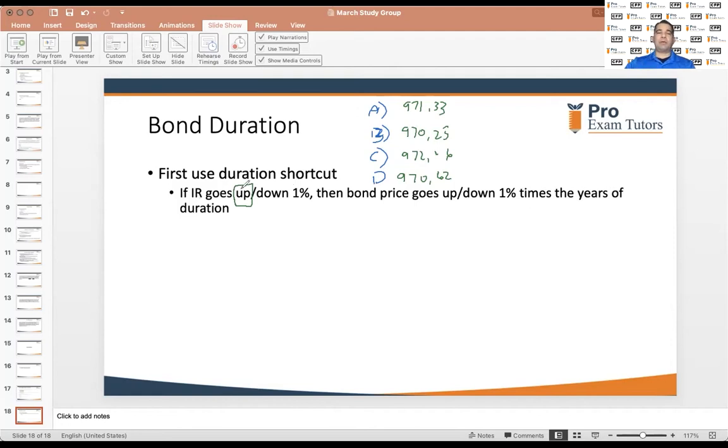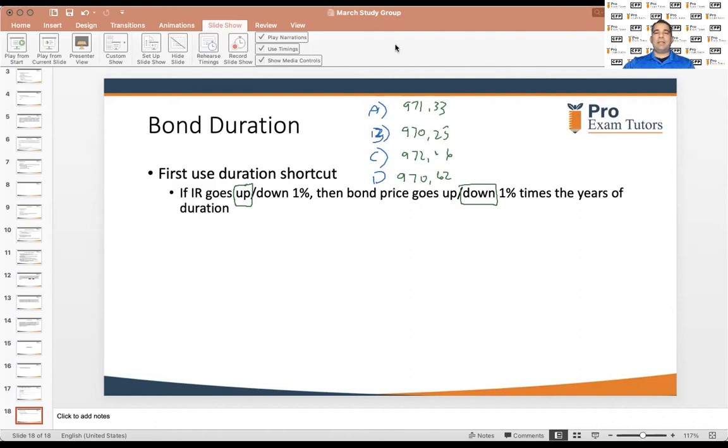So if the interest rate goes up by 1%, then the bond price, of course, goes down by 1% times the years of duration. All right, so I'm going to make up an example here.